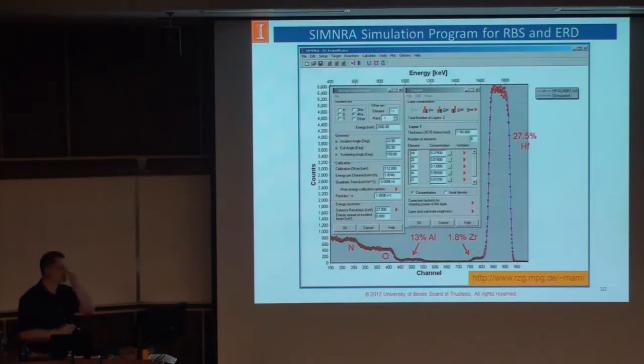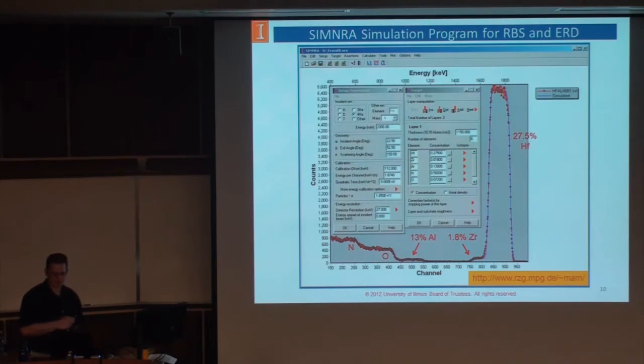The one program that we tend to use most for analyzing this, simulating our spectrum, is SIMNRA. Another program that was used more before was called RUMP. Both of them have certain advantages. This one tends to be easier to use for people.